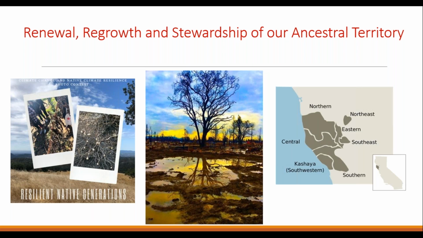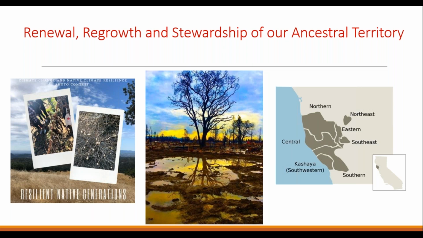So if you see this photo of the tree, acorns and oak trees are a keystone species and a really important traditional food source for us. And I like how the tree is reflecting in the water, because it reminds me that with our oak trees, what we see above ground is mirrored in the roots underground.